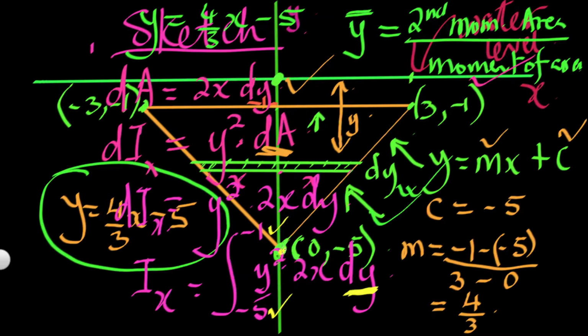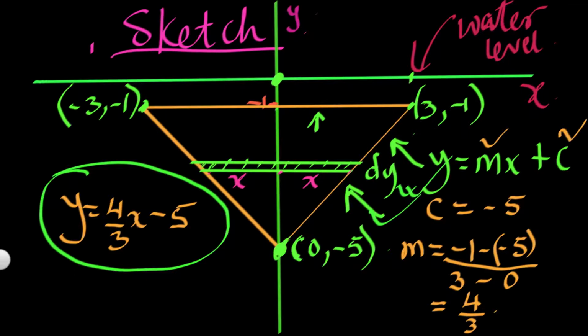This point here has x is 0 and y is -5. And then the top point has y is -1. So y is -5 here, y is -1 on top. Remember, these are horizontal strips.